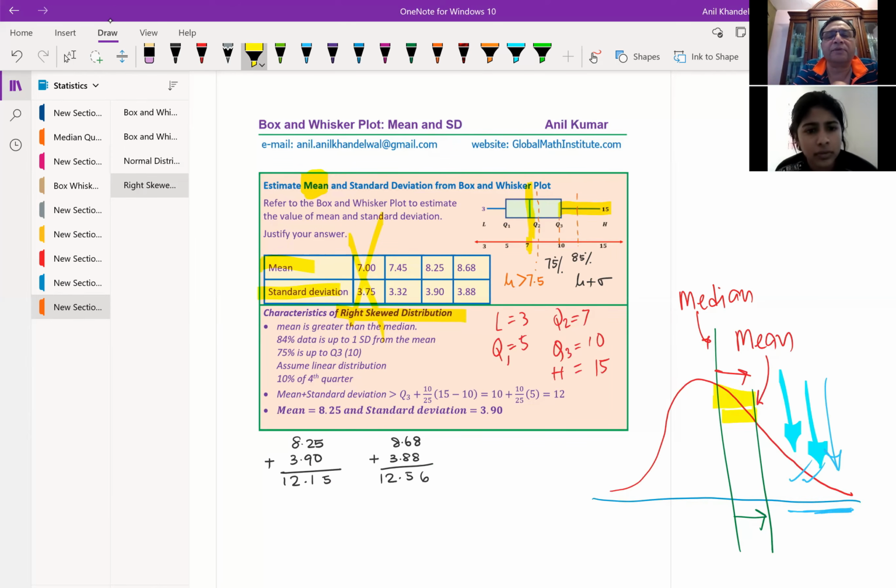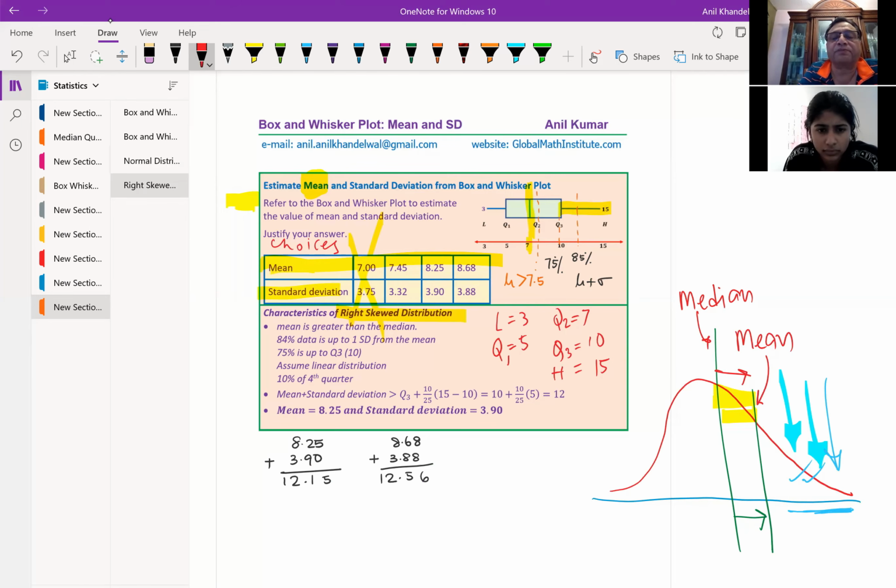The question says, Amy, can you please read this question? Refer to the box and whisker plot to estimate the value of the mean and standard deviation. Justify your answer. And these are the choices given to you. First choice is that the mean could be 7 and standard deviation could be 3.75.